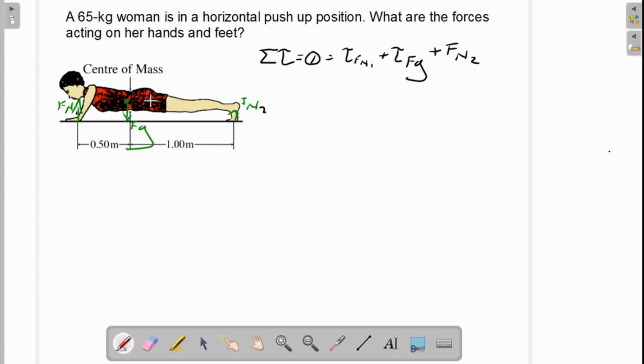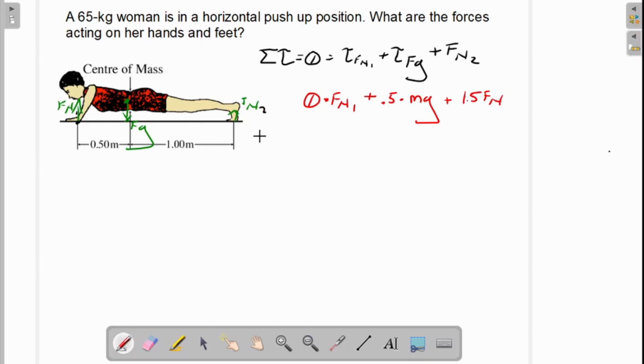Now, if I pick an axis of rotation, picking one where it cancels out, let's say this one over here, I will find fairly quickly that I can simplify this down. The first one has an R of 0 times Fn1. Force gravity is at 0.5 times mg, and then torque 2, 1.5 Fn.